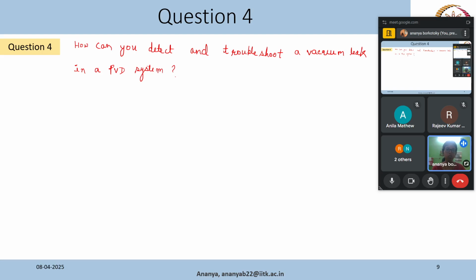And in that case we should not turn on the high vacuum pump, say the turbo pump. If there is a leakage, first of all we want to save our pump that will create high vacuum. So first we will try to create vacuum using the rotary pump, and if there is some problem we have to stop it then and there.